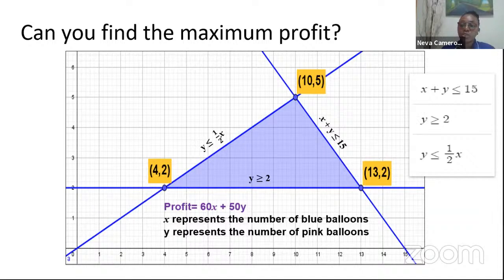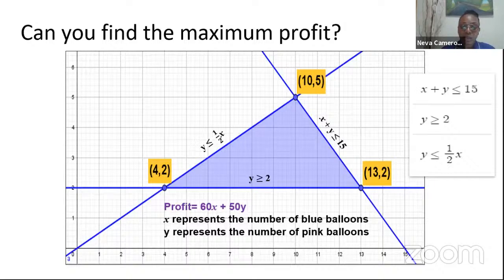Now, all we're going to do is insert these values, these coordinates or vertices for the feasible region, in the profit equation. Before we even do that calculation, someone earlier had said in the chat, the more blue balloons that we sell, we will get more profits.